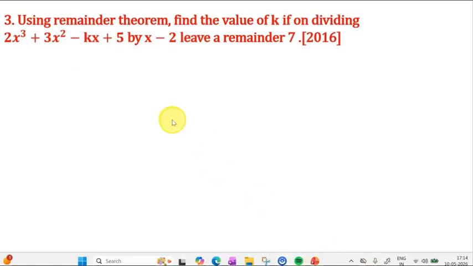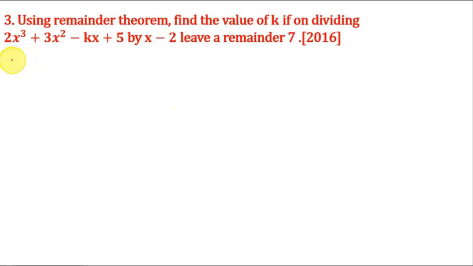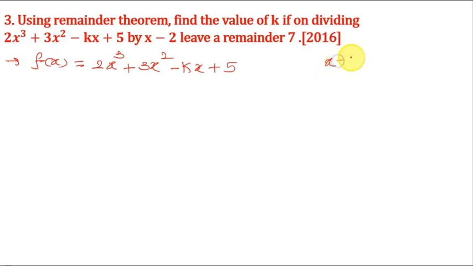Again here, f of x is equal to the given polynomial, that is 2x cube plus 3x square minus kx plus 5. Now the polynomial is divided by x minus 2. Therefore, x minus 2 is equal to 0. It implies that x is equal to 2.